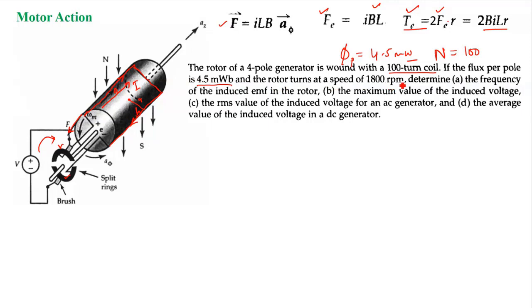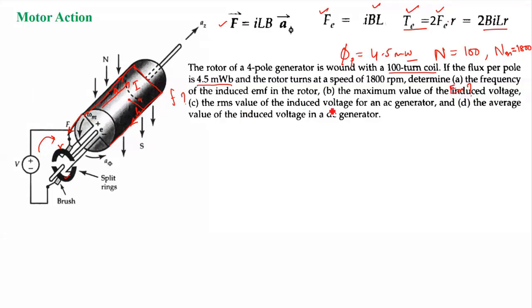The rotor turns at a speed of 1800, that is Nm is 1800. Then determine the frequency of induced EMF in the rotor, that is frequency F. The maximum value of the induced voltage, that is Em, right?